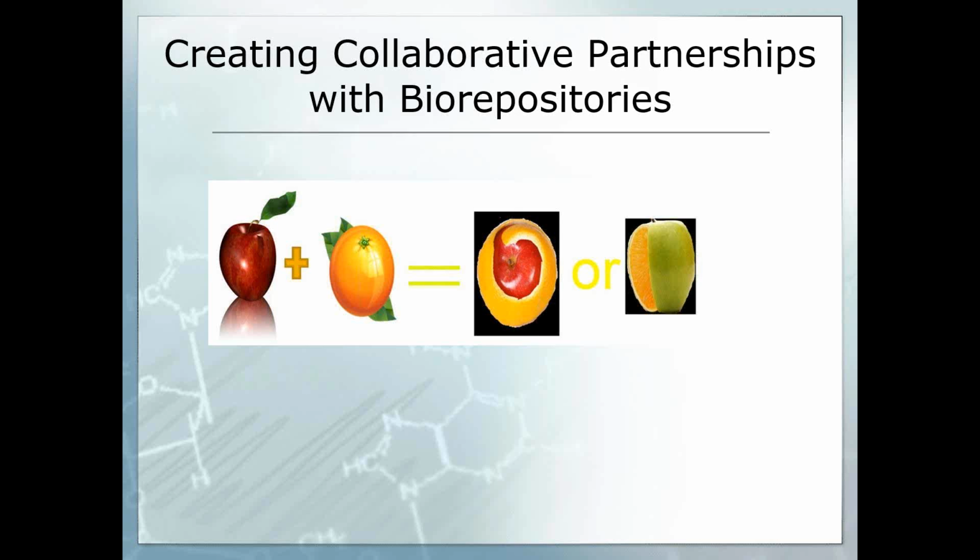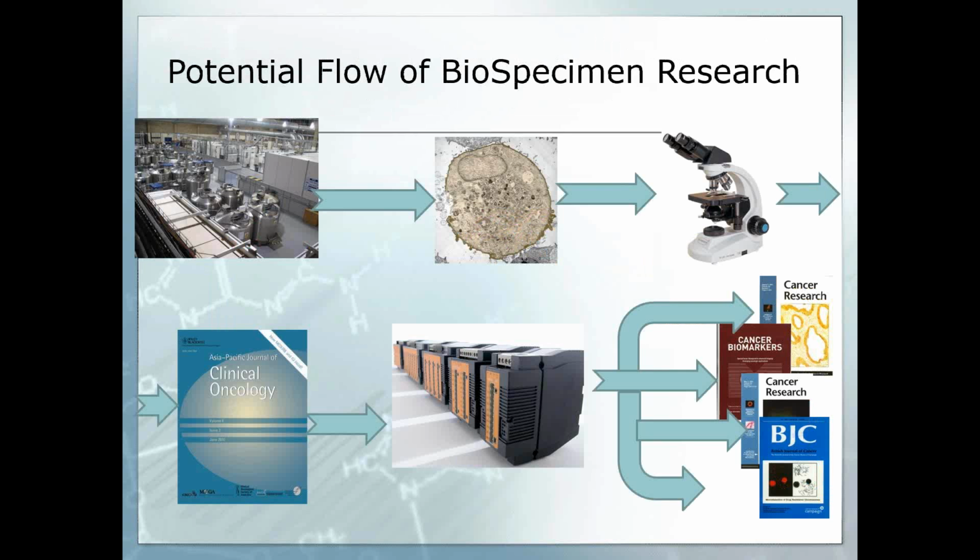So a big part of what we're doing now is trying to develop partnerships with biorepositories and help them share their information more easily and allow us to better understand their kind of work. We see it very, very simply. We look at the specimen farms where they contain vast amounts of information that has to be analyzed by researchers. They have to take these specimens, tissues, blood, etc., and then in the lab examine them.